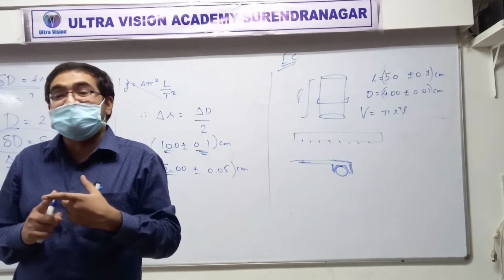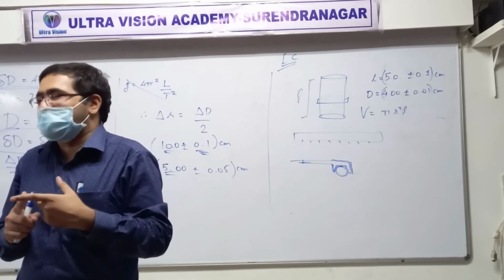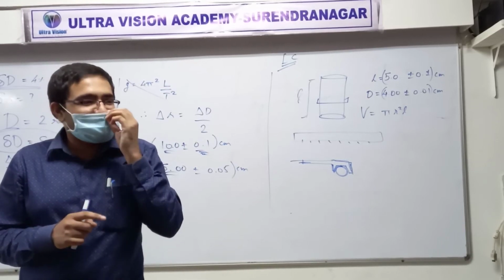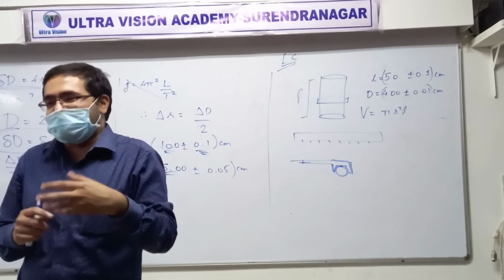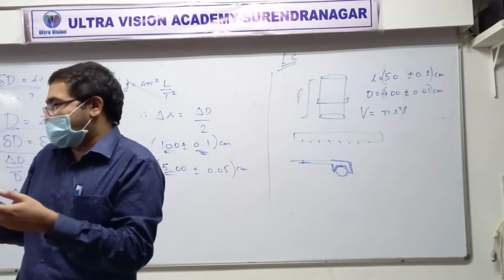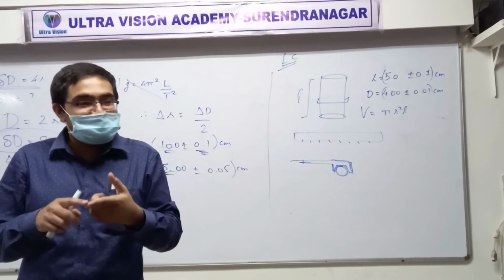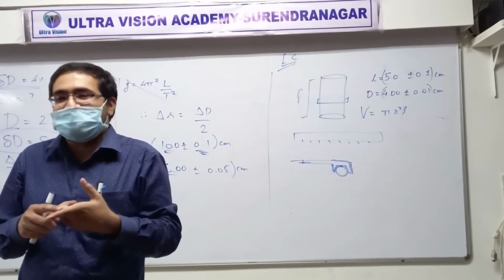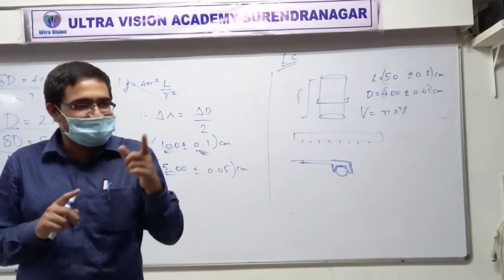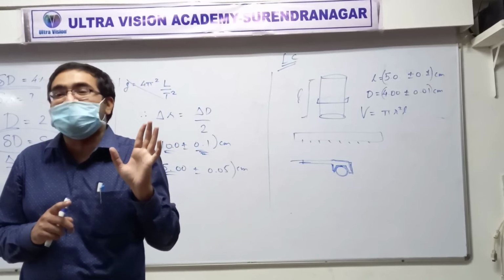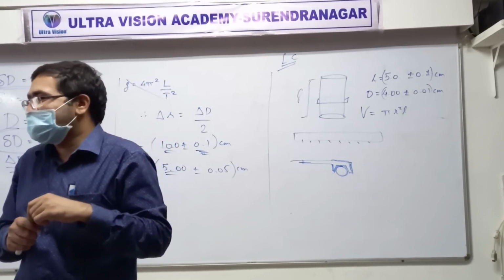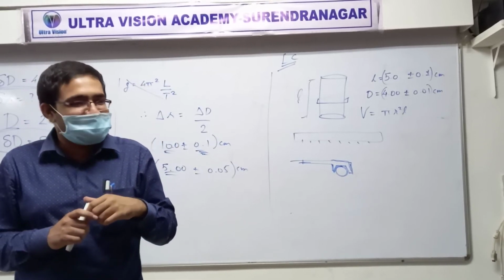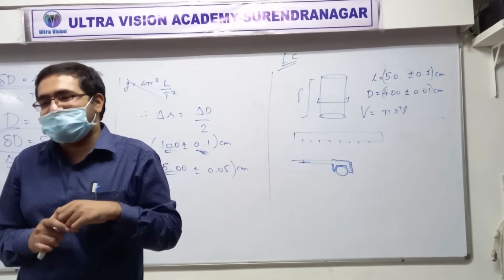Did you understand one use of dimensional formula? Suppose you don't remember the formula of volume or surface area, then you can check whether it is true dimensionally or not. If it's not true, you will know that it is definitely incorrect. Do you remember that sentence? Dimensionally incorrect equations must be incorrect.